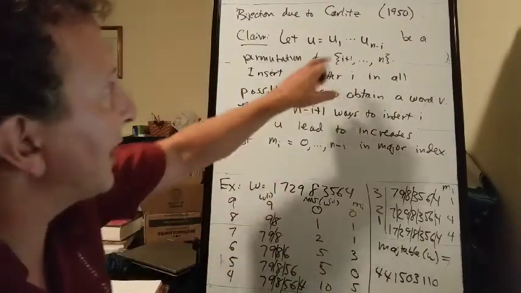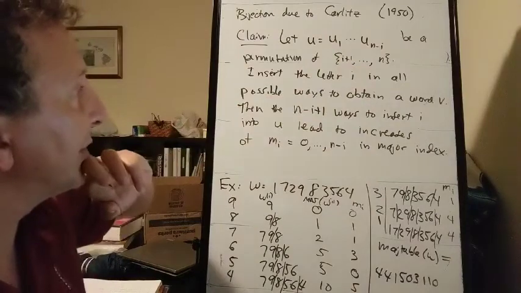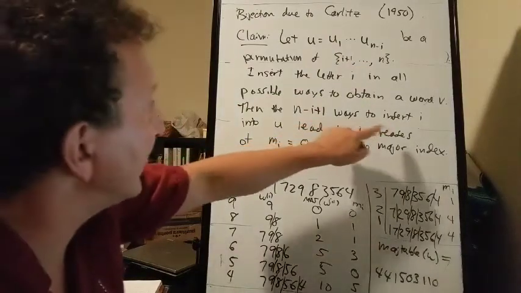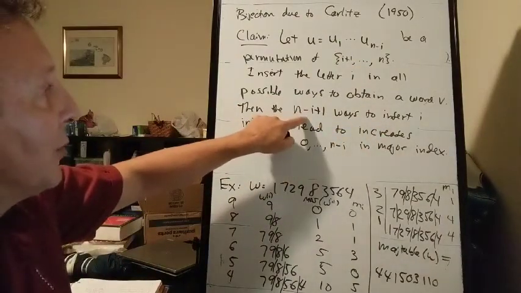We've got a permutation of I plus 1 through n. We can insert a new smallest letter I in n minus I plus 1 ways.